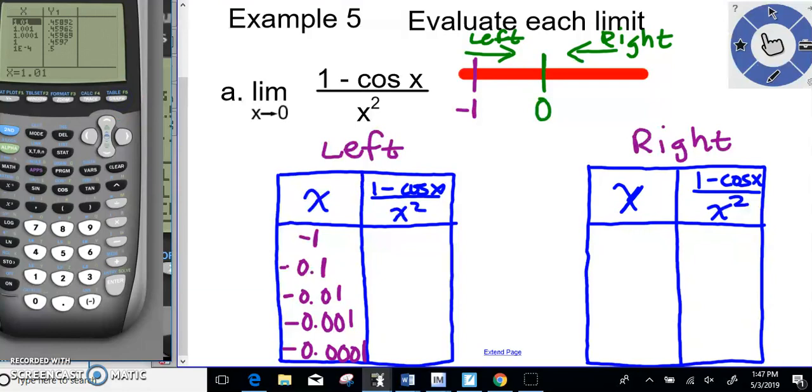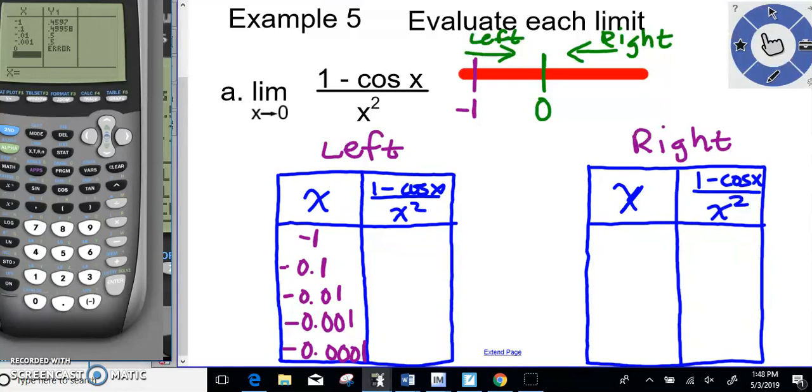And we're going to put these numbers in. So for x, -1, -0.1, -0.01, -0.001, and then -0.0001. At that point, it gave us an error, which shouldn't be an error. It should actually be a number there.